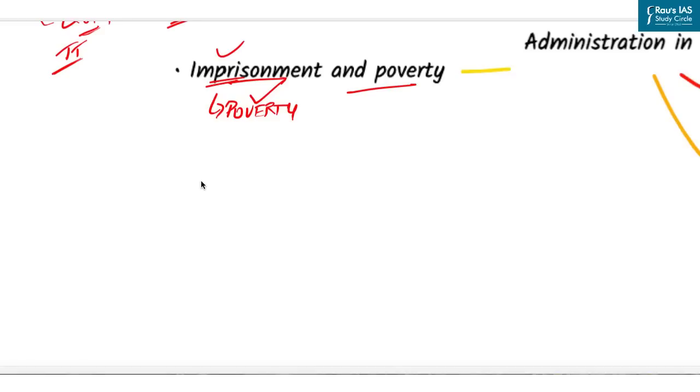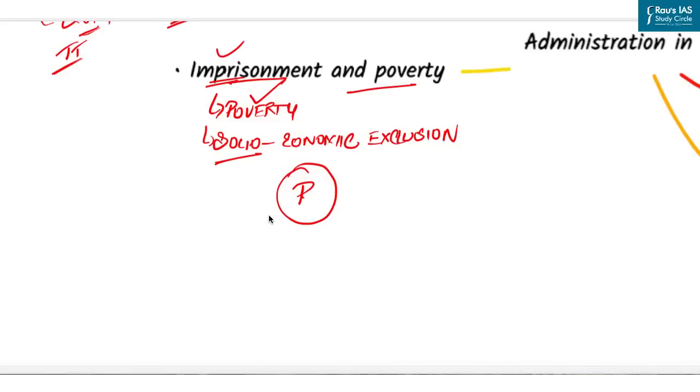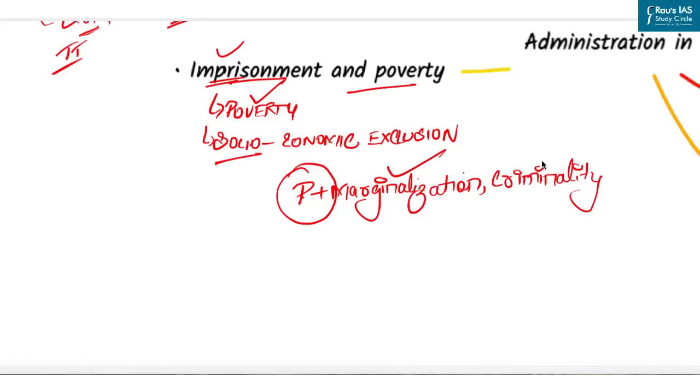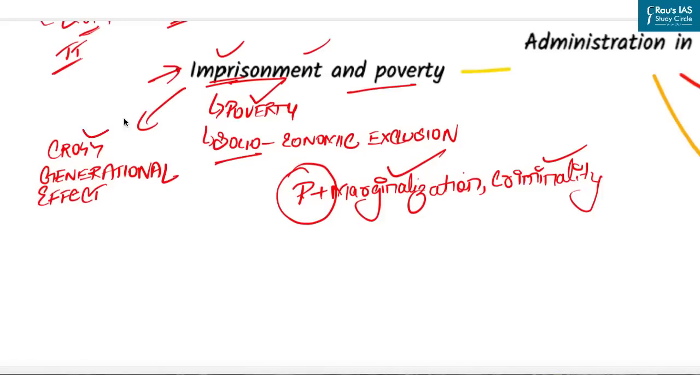Even when released, often with no prospects of employment, former prisoners are generally subject to socio-economic exclusion and are thus vulnerable to an endless cycle of poverty, marginalization, criminality, and imprisonment. Thus, imprisonment contributes directly to the impoverishment of the prisoner and his family with a significant cross-generational effect.